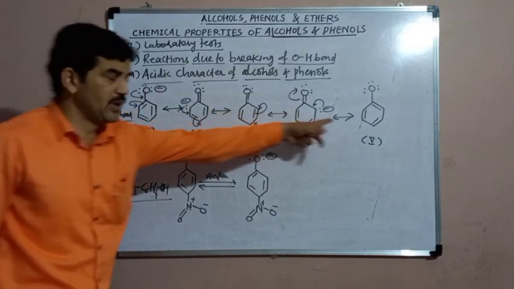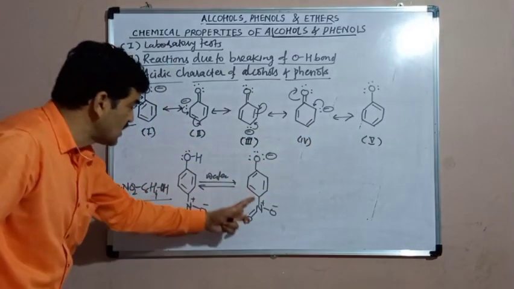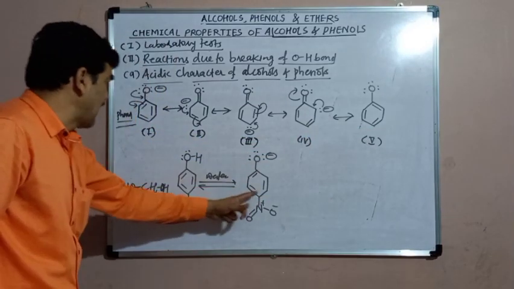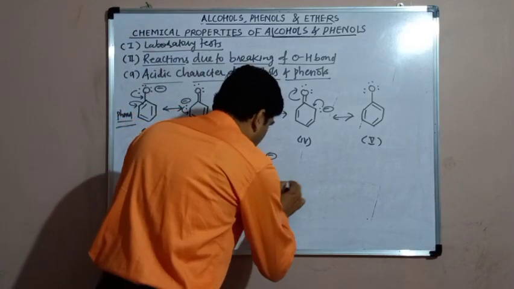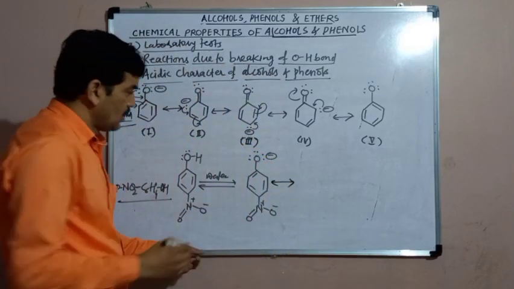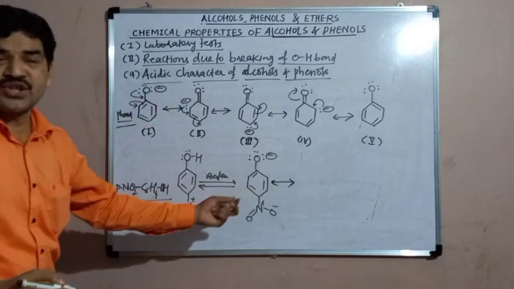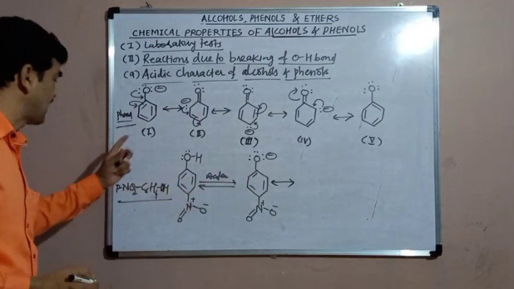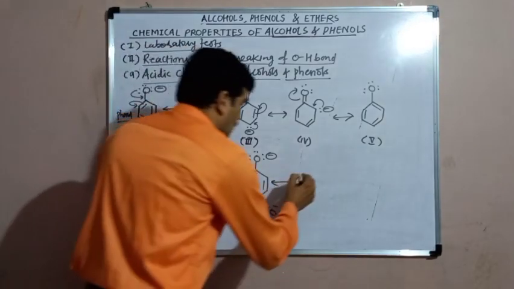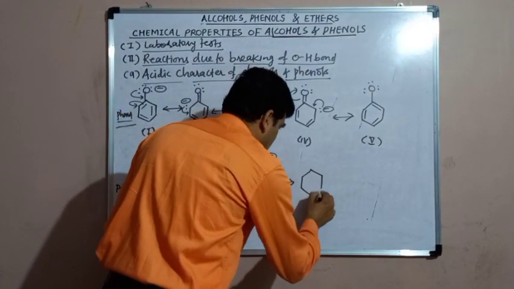It undergoes resonance in this way. Now this conjugate base generated from para-nitrophenol also undergoes resonance. But the resonance is more extensive here. Resonance occurs to a greater extent. See here.